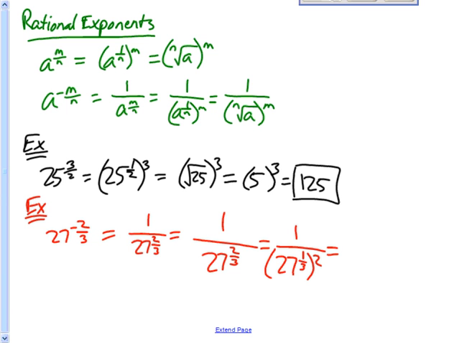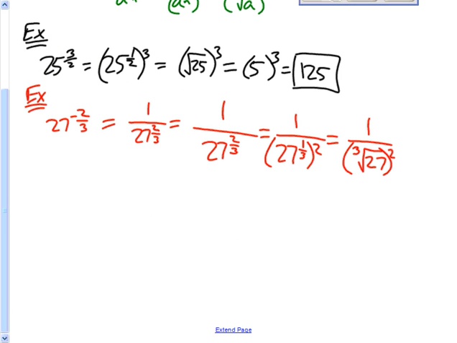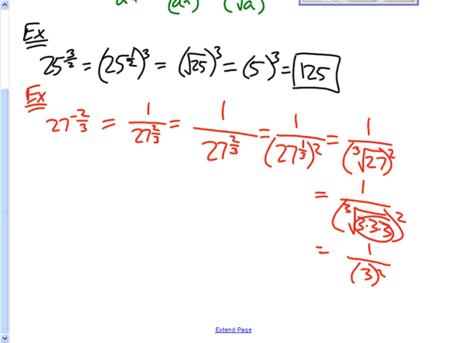So in other words, the third root of 27 squared. So we're looking for 3 of a kind. Well, 27 is 3 times 3 times 3. In other words, the third root of 27. See how you got 3 of those? And I'm looking for 3 of them. So the third root of 27 is 3. And I still got a squared at the end, don't I? So 1/9 on that.